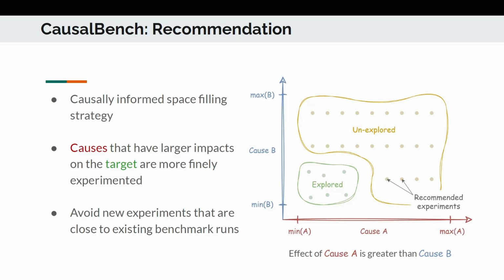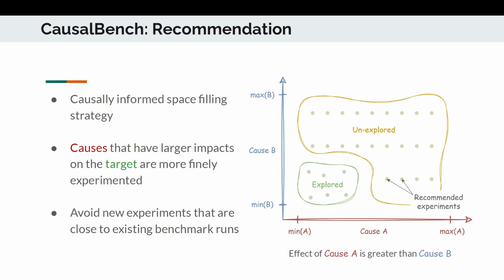Essentially, by representing selected experiments that I have just shown, and their selected hyperparameter configurations, in an n-dimensional space, we can define two sets. One of them is the explored experiment set, which are the experiments that have been done on CausalBench.